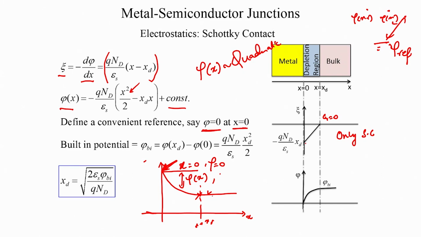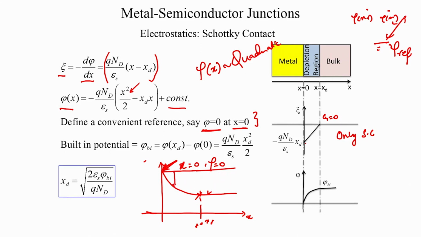If we had chosen the reference to be phi equal to 0 at x equal to xd, then we will have a different integration constant. But since we have chosen this as our reference, we find the potential, that is phi at xd. So this is my potential variation in space.